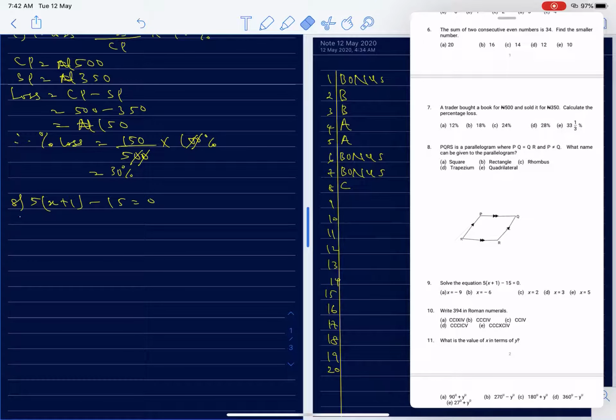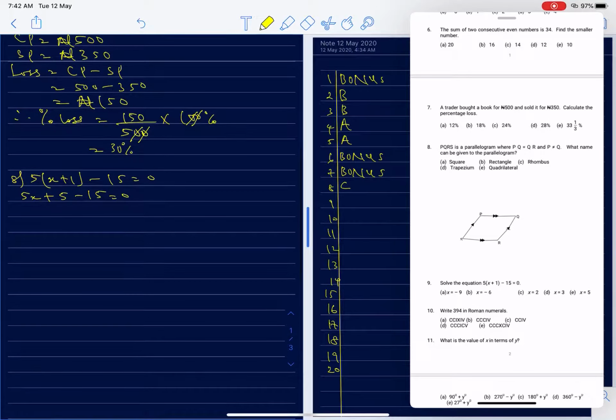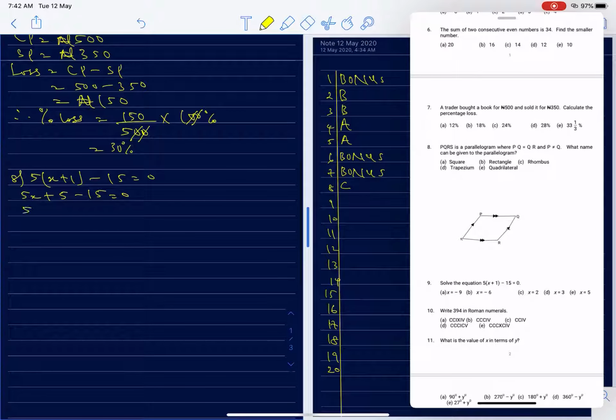And that means 5x plus 5 minus 15 equals 0, which means 5x minus 10 equals 0. That means 5x equals 10. We divide both sides by 5 to get x, and that means x equals 2. The answer is C.